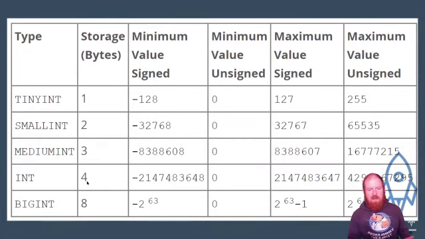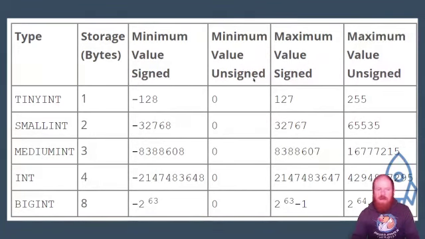So the default ints, the only thing that you need to be worried about is this maximum minimum value. Meaning if you want to store more than 120 different types of numbers in something, you cannot use a tiny int. It can only go from 0 to 127.